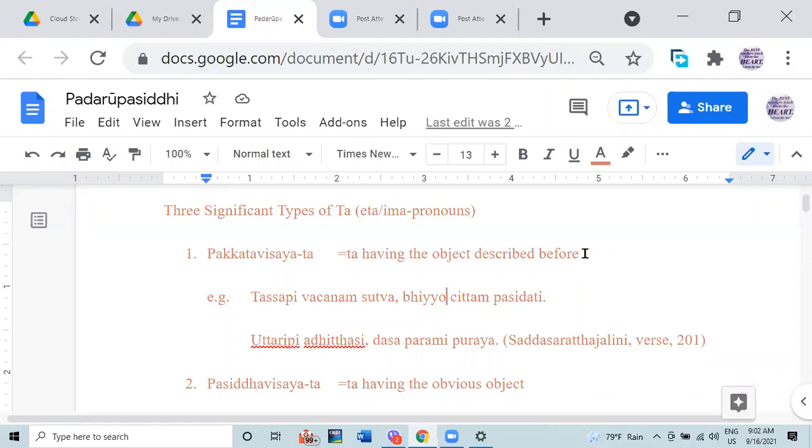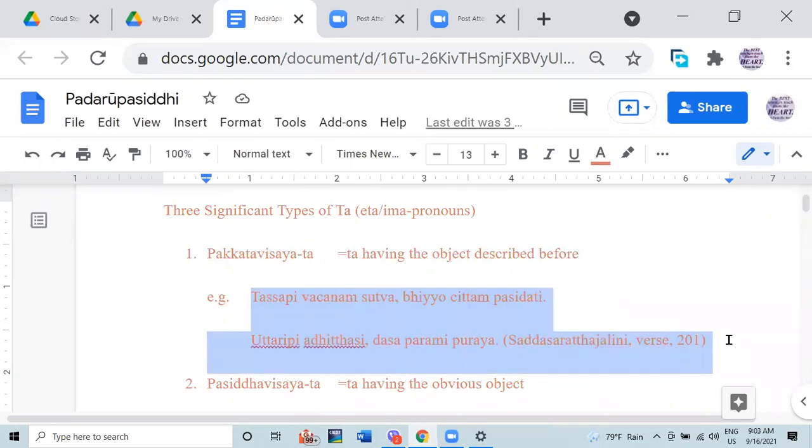So that he, what does it refer back to? The president, which has already been mentioned in the preceding sentence. So like this. Here this paganda visaya is like that he in the example I gave you.